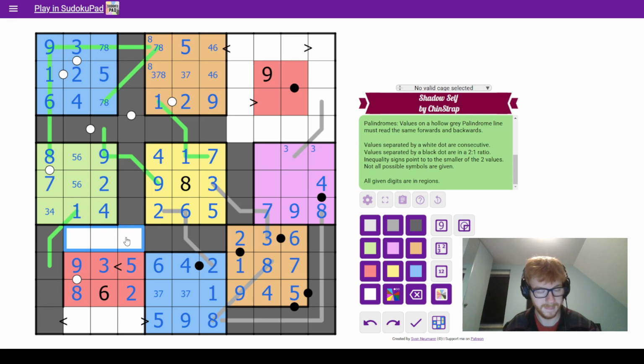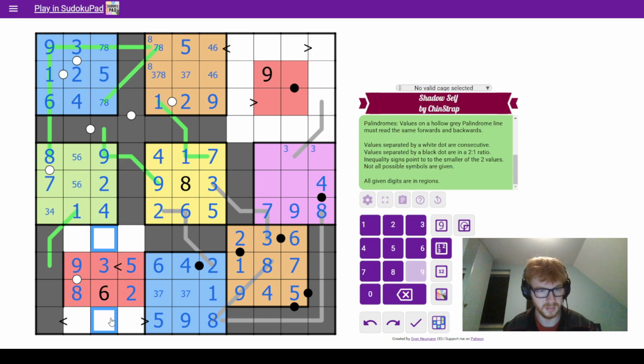What am I missing? One, two, three, 1, 4, 1, 4, and 7. How could I ever differentiate 1, 4, and 7?